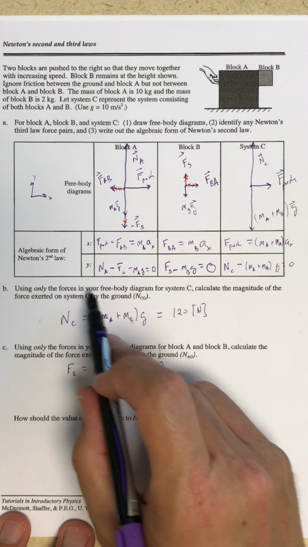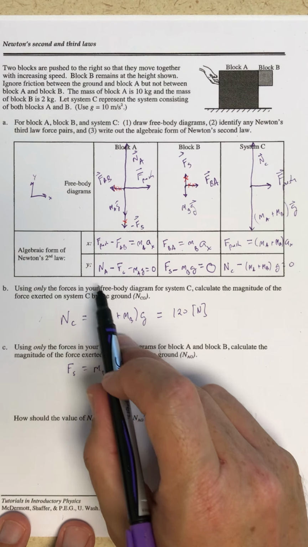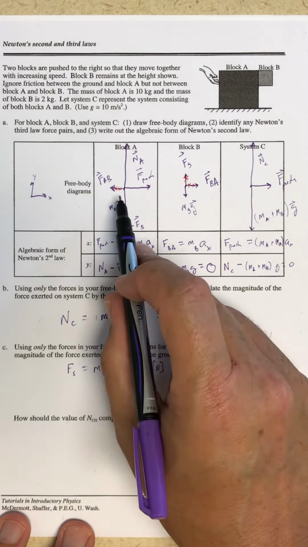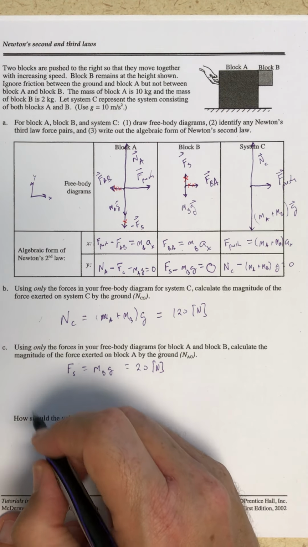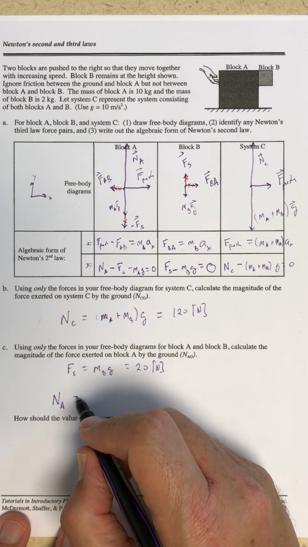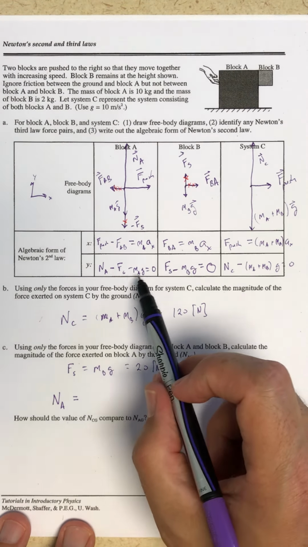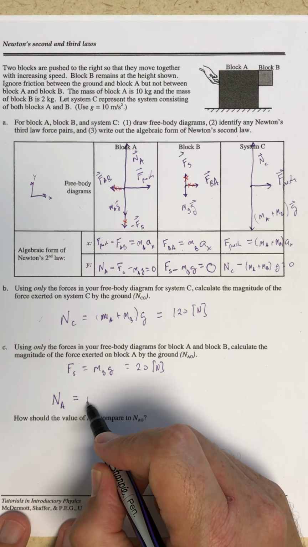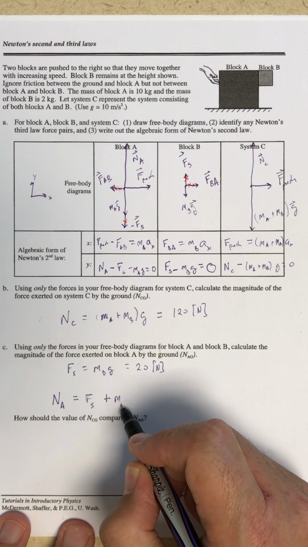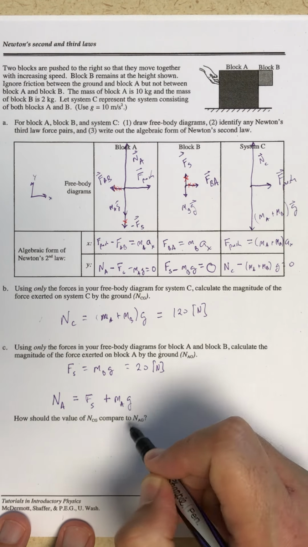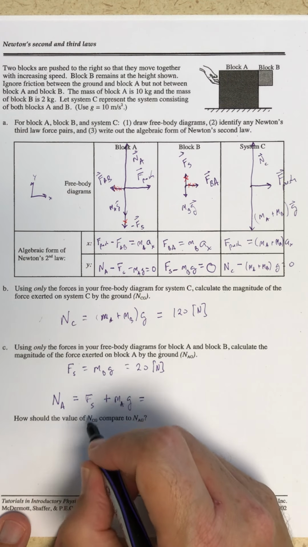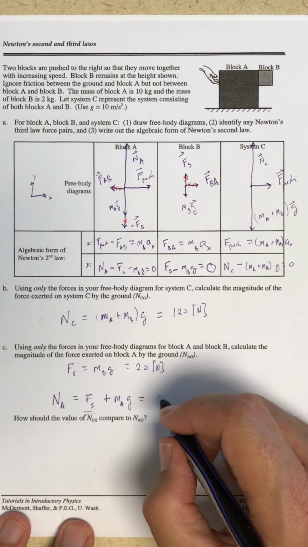And then using the vertical equation, Newton's second law, the free body diagram for block A, we have the normal force on block A is going to equal force of static friction plus mass of A times acceleration due to gravity. We know how big this is. It's 20 newtons.